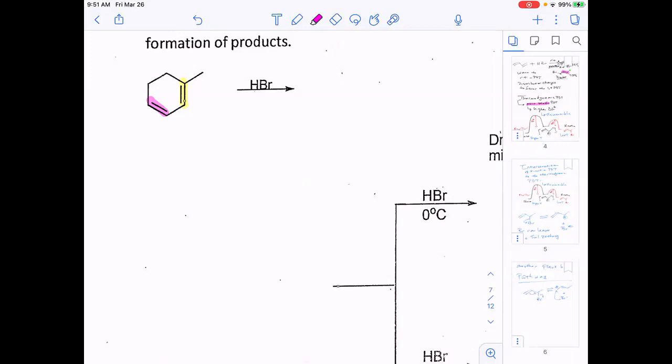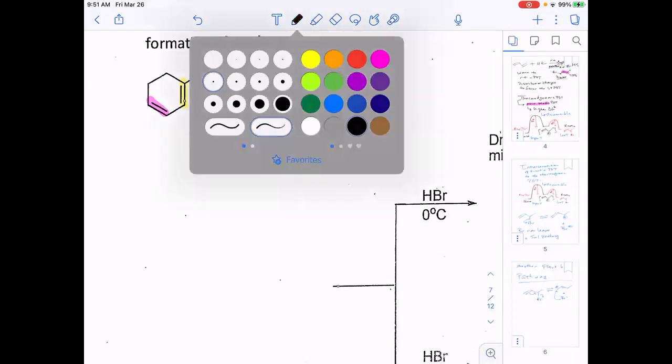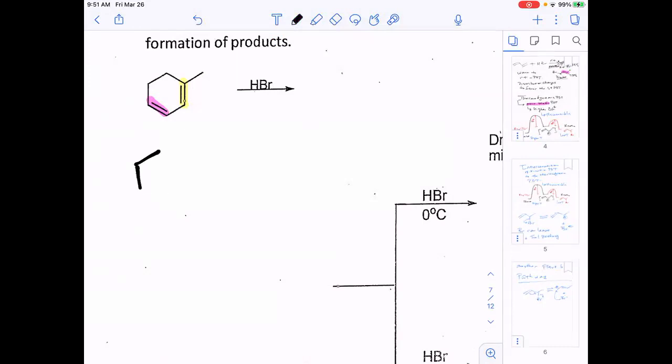So if we take that first one and react it, let me show you what the intermediate is going to look like for that. Right, so that's our intermediate.